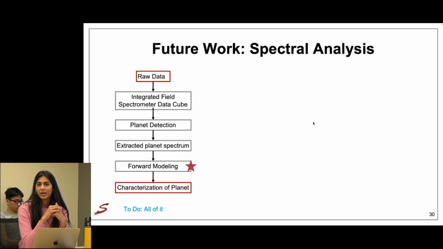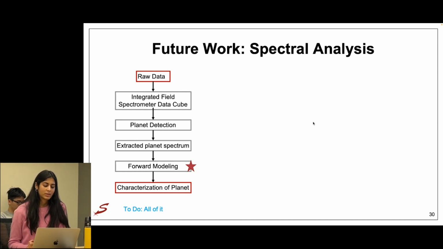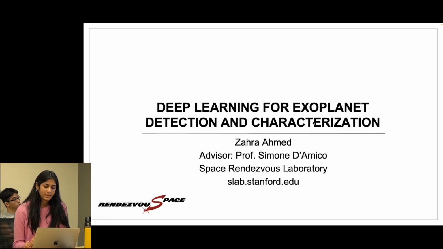And so, as you can imagine, generating those models, interpolating those models, and comparing those models is a quite computationally expensive process. So if we can integrate machine learning into this process to help go from the exoplanet spectra to a characterization of the planet, that could be an area for work there. I think that's all I have.